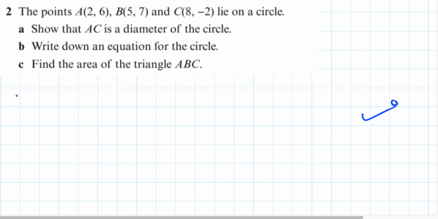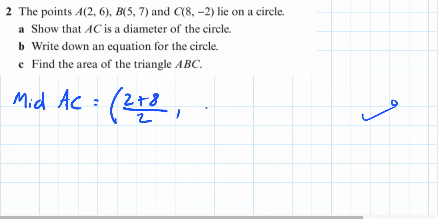We just need to find the midpoint first of AC, because that's the diameter, so that will give us the middle of the circle. So midpoint is 2 plus 8 over 2 and minus 6 plus minus 2 over 2, which equals 5, 2. Yeah, so that's the middle.